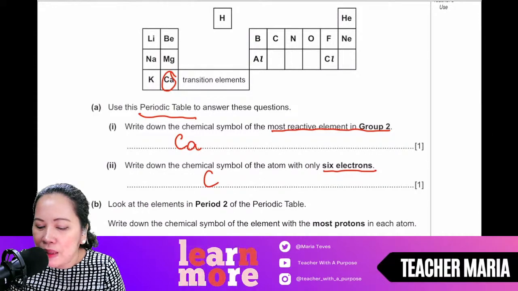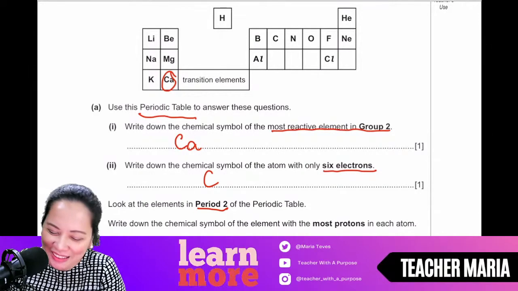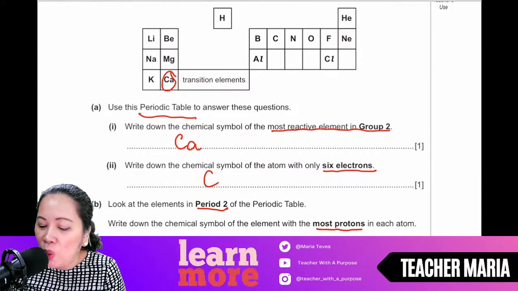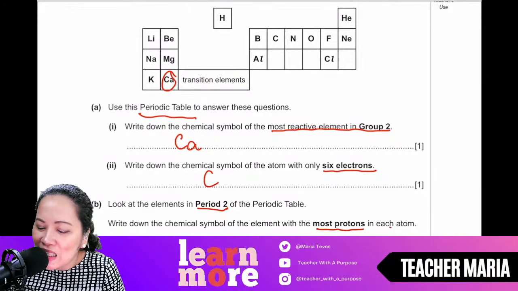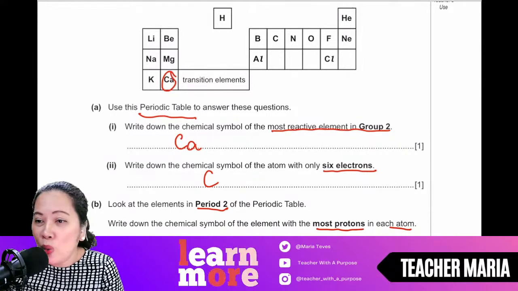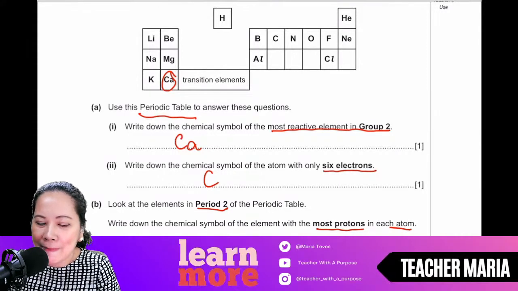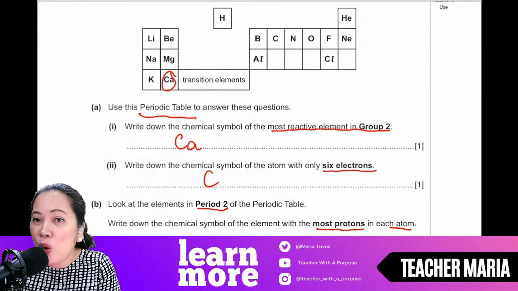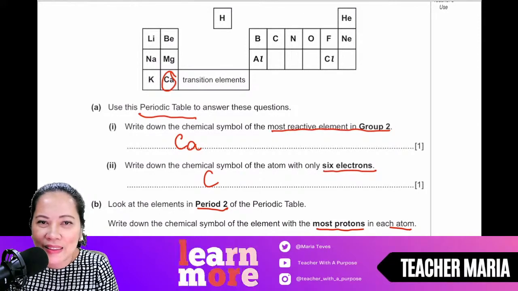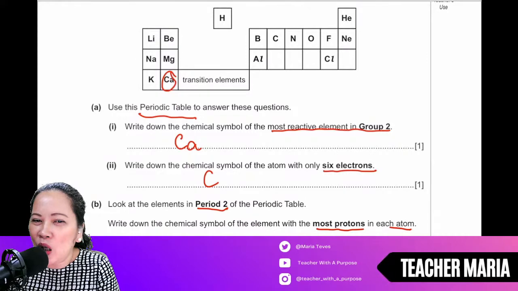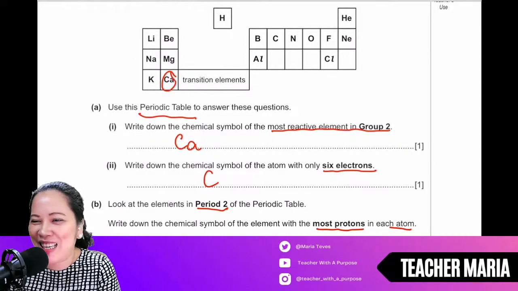Look at the elements in period 2 of your periodic table. Write down the chemical symbol of the element with the most protons in each atom. Most protons in each atom. Close but not close.